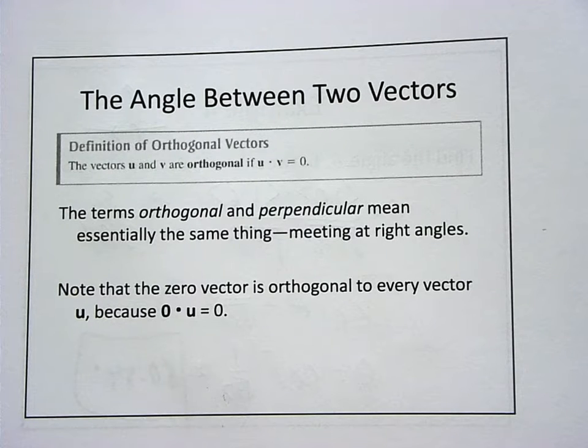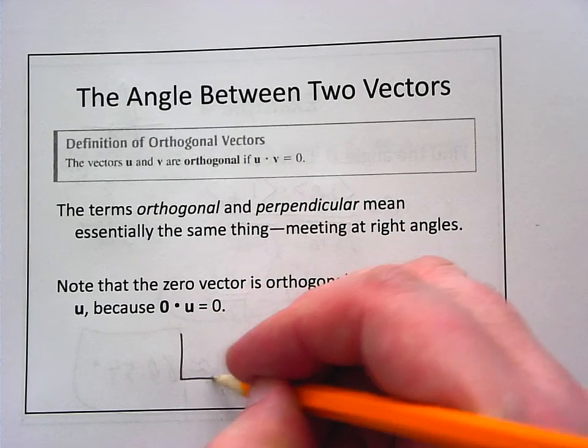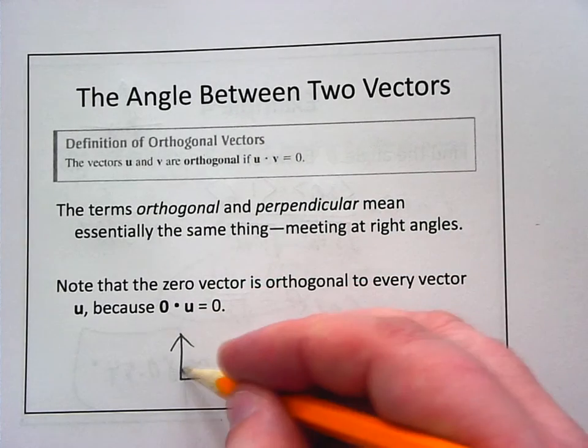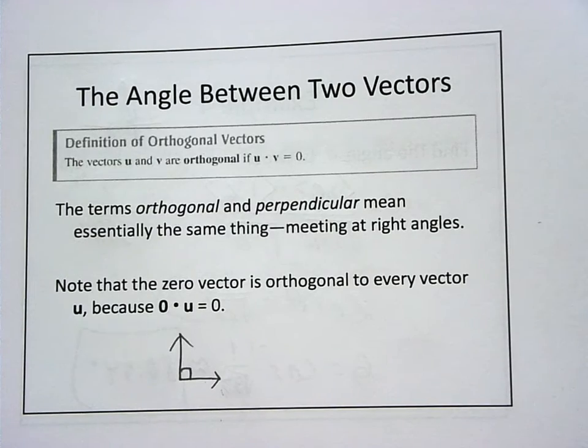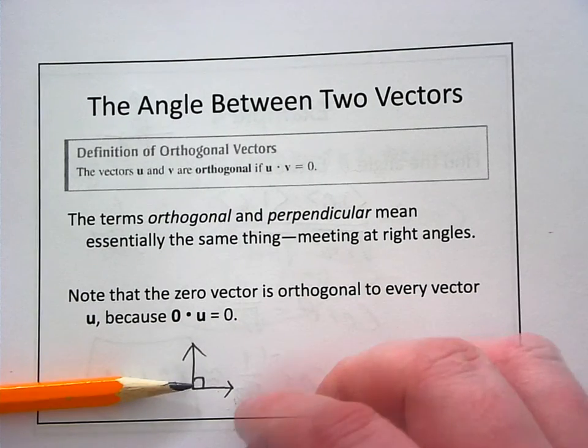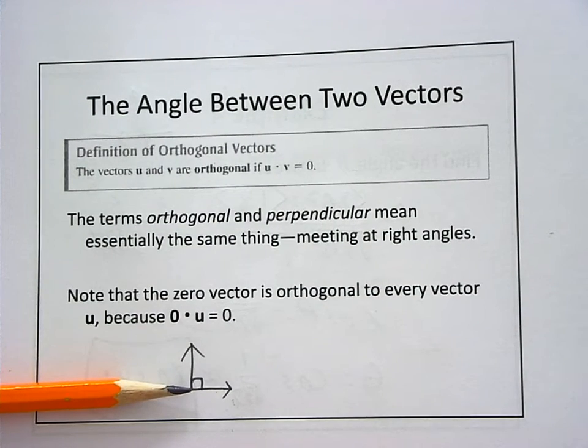So, for instance, if I literally have these two lines that are perpendicular to each other, since I'm recording, I should probably do this over here. If I have two lines that are perpendicular to each other, I have a third vector here that's going off in this direction, so to the left.